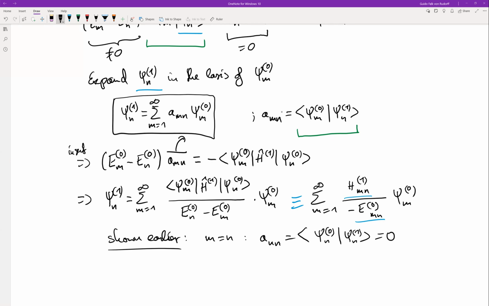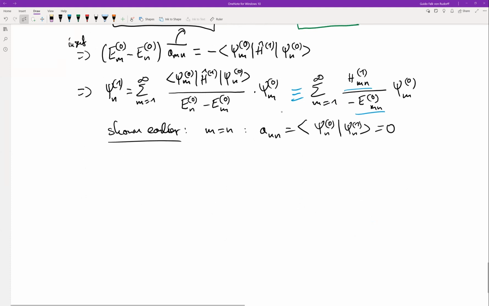I mean, the more orders we can do this with, the more accurate we can get in this perturbative approach at limited extra cost, because we already have all this unperturbed information. So let's see about that. So that was first order. The hobbits would ask, what about second order?